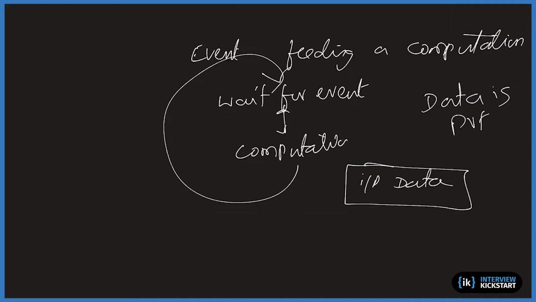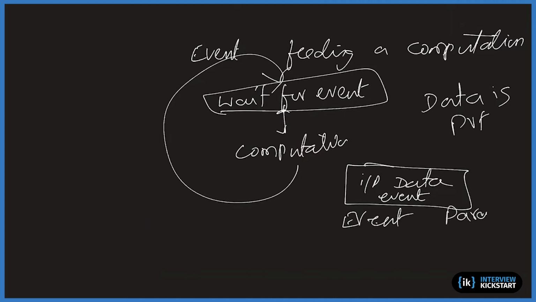That means it is not stored elsewhere and shared with another thread. It is coming in the input event itself. So in this wait for event, the event will have the parameters, and those parameters are what the computation is executing.